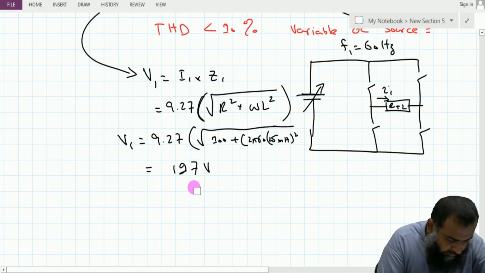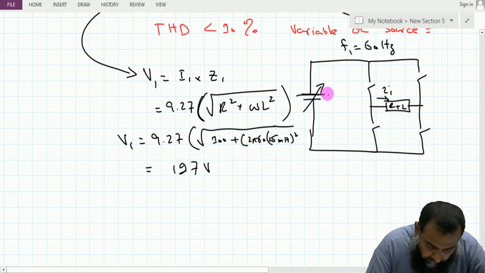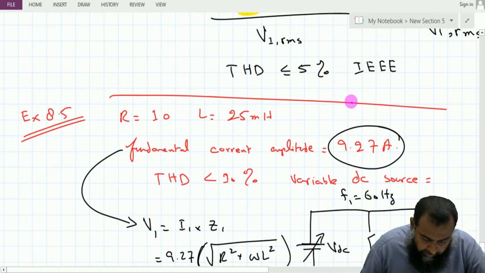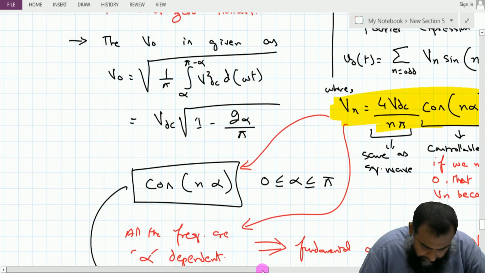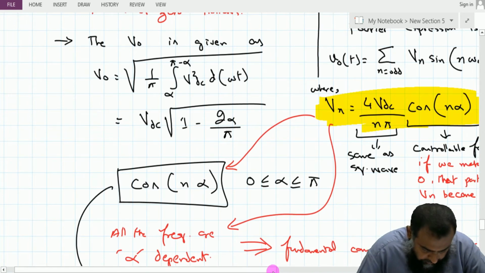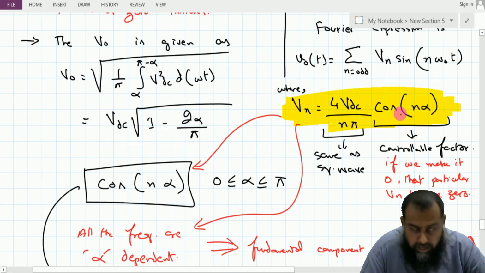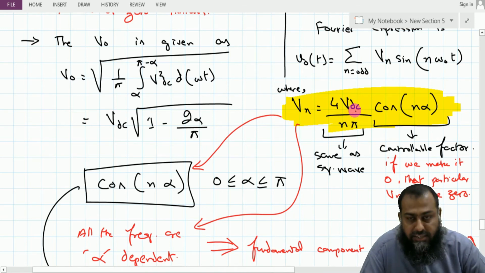So now that we have the voltage of the fundamental frequency available, we need to specify this VDC as well. Remember that using this particular expression, Vn is equal to 4 VDC over n pi into cos n alpha, and therefore if we know what is this V1, we can find out what is this VDC.